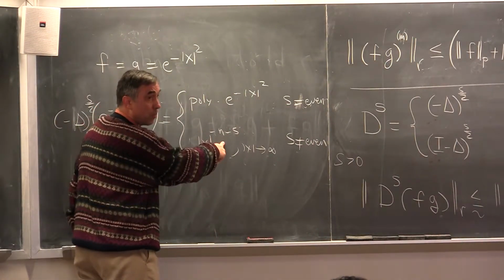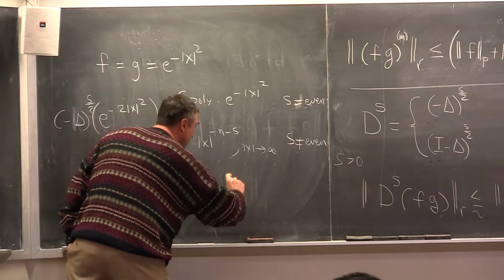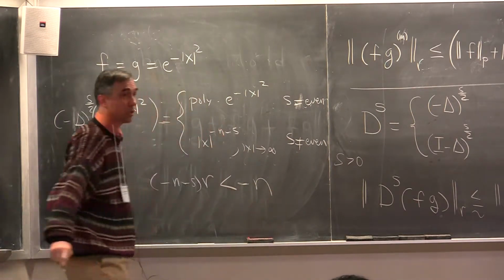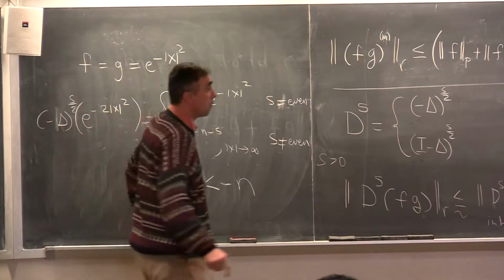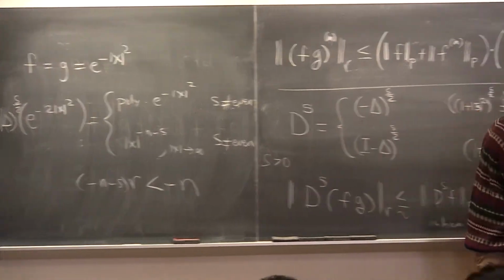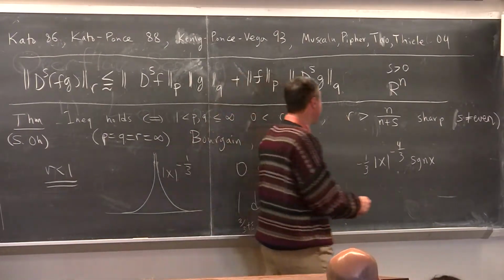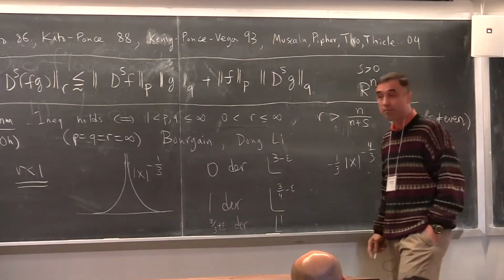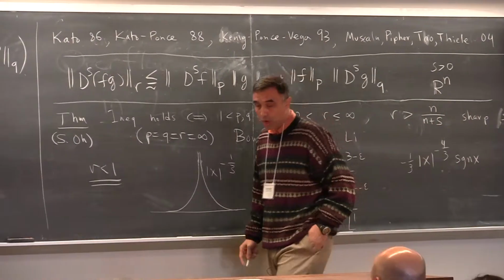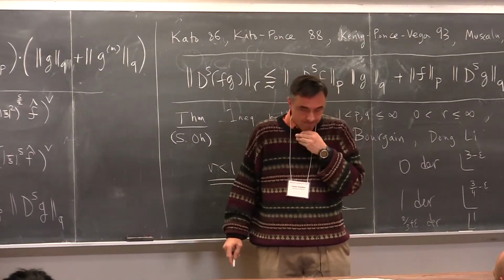If you want this function to be in LR, you need to have minus n minus s times r has to be less than minus the dimension near infinity. But that's exactly this condition. In fact, if you have equality, it fails. So the theorem is sharp.